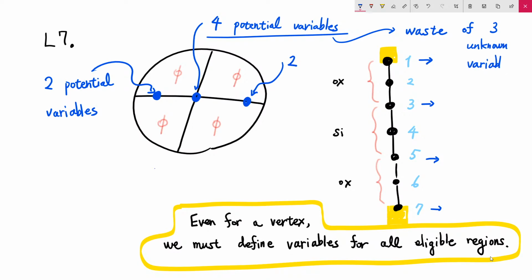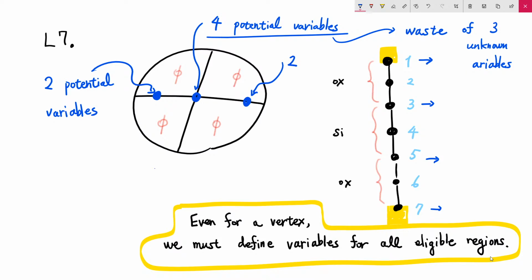We are just introducing redundant three variables because there is only one single real electrostatic potential, and that value is shared for four different regions. So actually three of them are redundant. We don't have to introduce them.